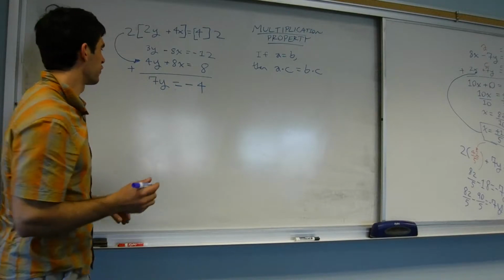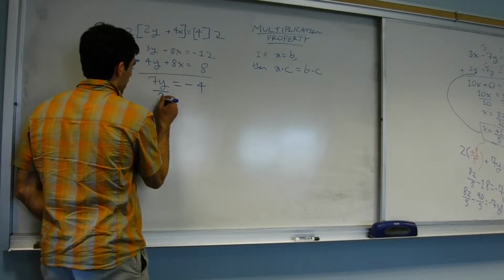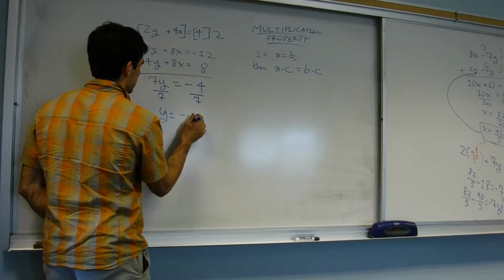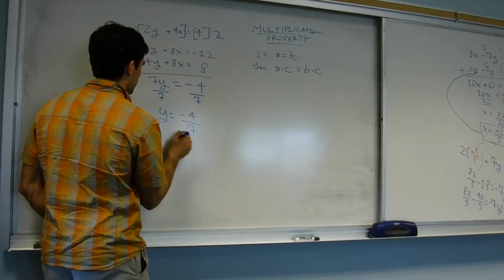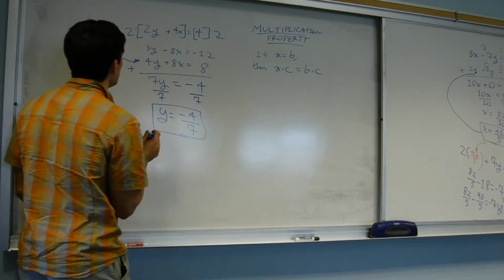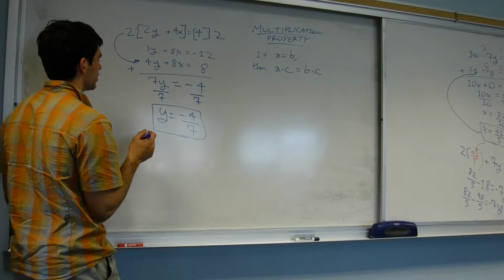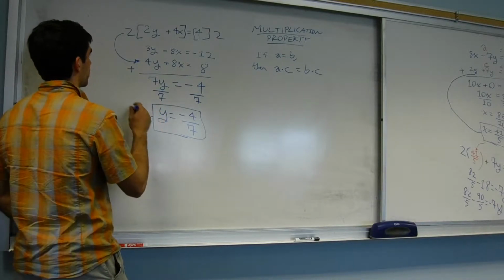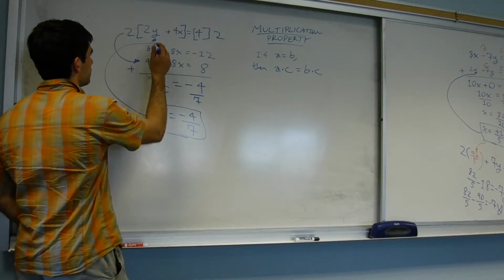So again, we'll go further. If we divide each side by 7, we get y is equal to -4/7. And now let's plug in our answer. We could plug it into either of these two equations. Looks like it'll be a little bit easier if we plug it into the top one.